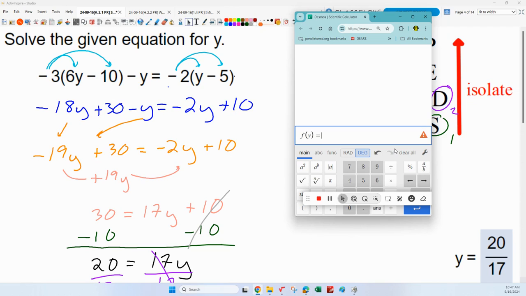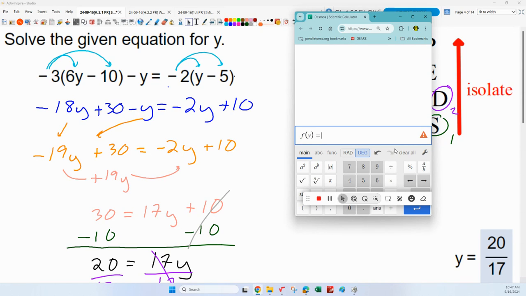Remember, my job here is I want to be able to plug the answer into the original equation and get the same number on the left as on the right. That's how I would know that it satisfied the equation and it was a true solution. So what's f of y going to equal? F goes on the left or the right? The left, okay.